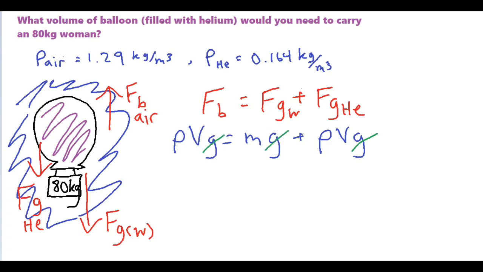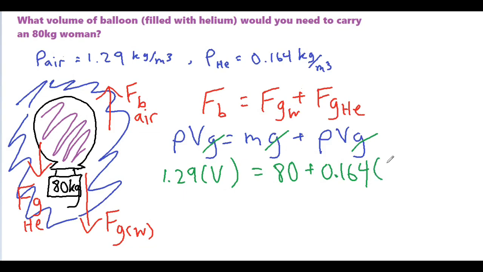And then let's go ahead and plug some stuff in and see if we can solve for what we're looking for. So we have the rho of air, which is 1.29 kilograms per meter cubed. We do not have the volume. That is equal to the mass of the woman plus rho of the helium, 0.164, helium being a gas with a pretty low density, times the V over here.